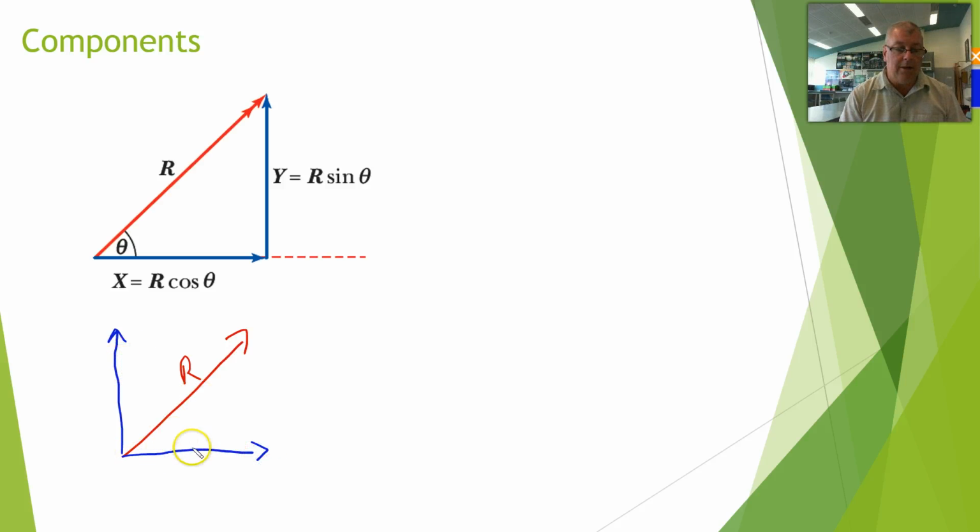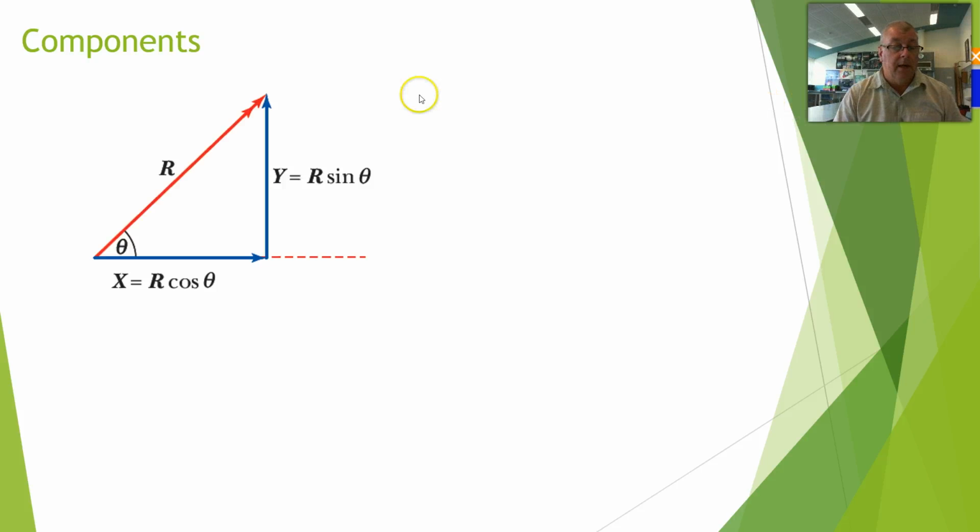Then when we add these two, if we bring this vector across and do head to tail, like that, when we add them together, we would get this diagram here. So this vector here can just as easily have been drawn over here. That's what that diagram is trying to show.